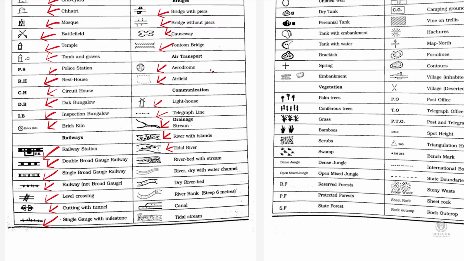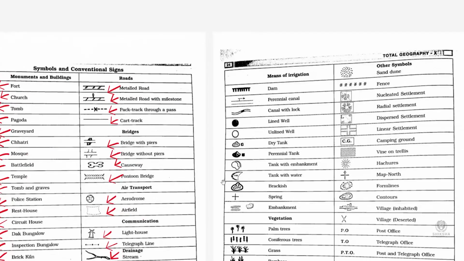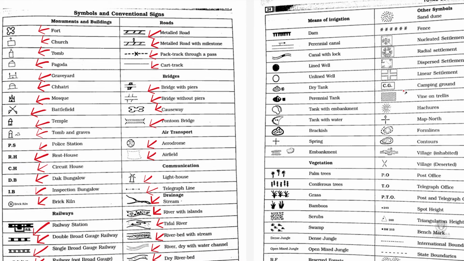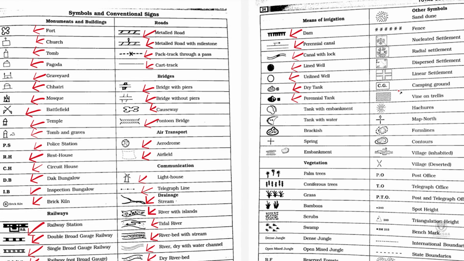Then river with bed stream, dry river bed, river bank, canal, tidal stream. Then the dam, perennial canal, canal block, lined well, unlined well, dry tank, perennial tank.